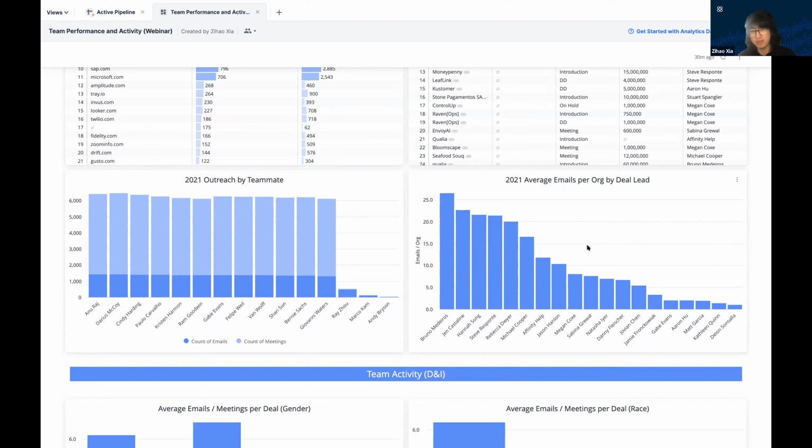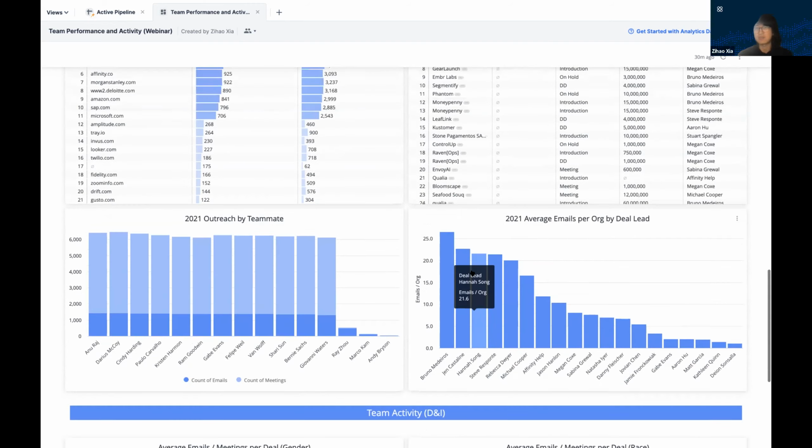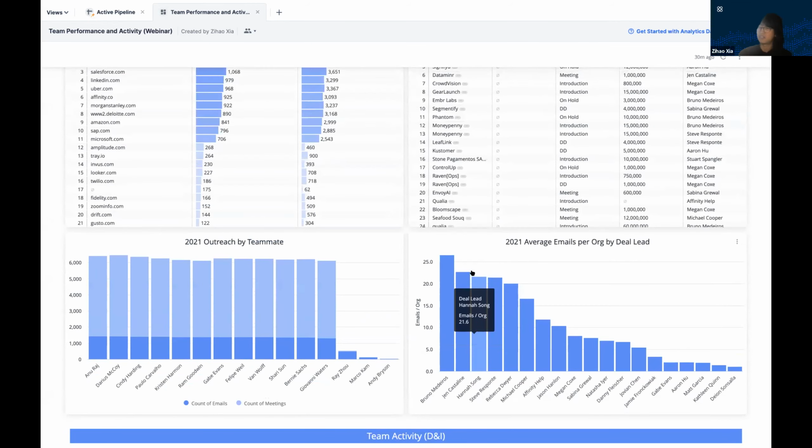This is interesting because you'll see that Bruno has a lot more engagement and a lot more email communications with a specific organization as part of his deal making process, whereas Matt and Kathleen are a lot less frequently reaching out and engaging with them. I might want to compare this against some of that funnel analysis data from earlier and look at their win rates to understand if higher touch points equate to more deals being won.